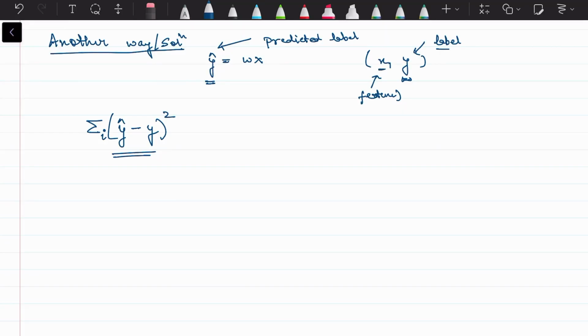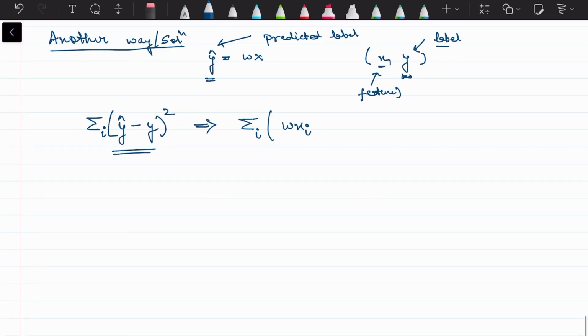तो इसके लिए हम क्या करते हैं, सबसे पहले तो y hat हमें पता है wx, so we can rewrite this as summation over i, y hat is w xi. So for each example xi would be different. So for each example we have also subscripted y and y hat with i, minus yi whole square.